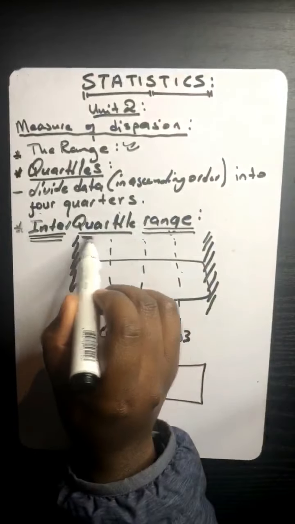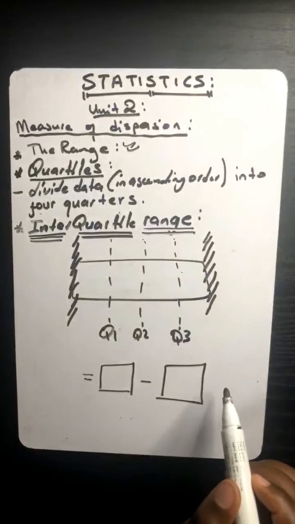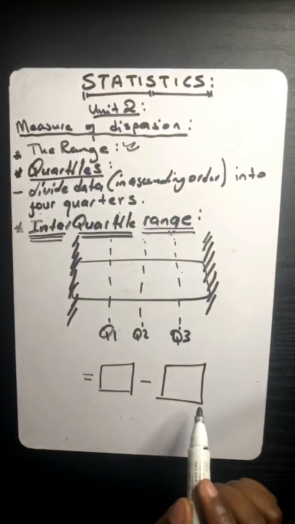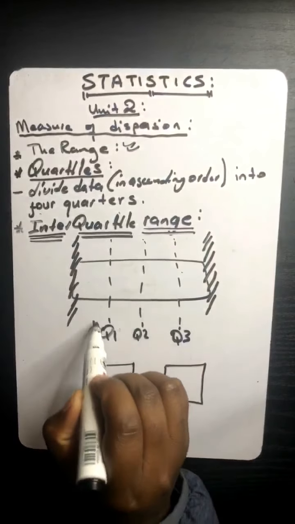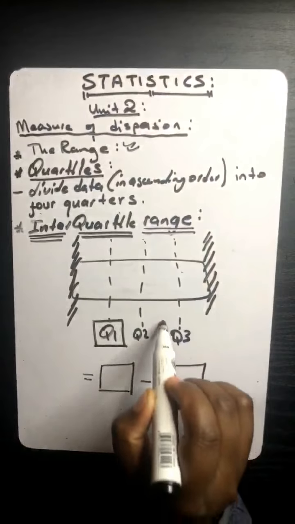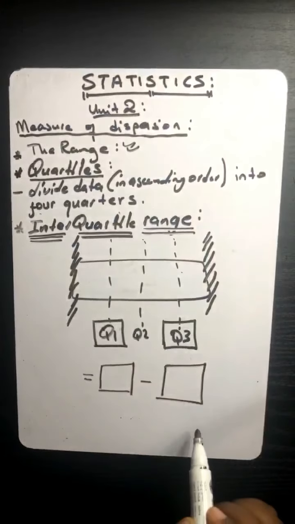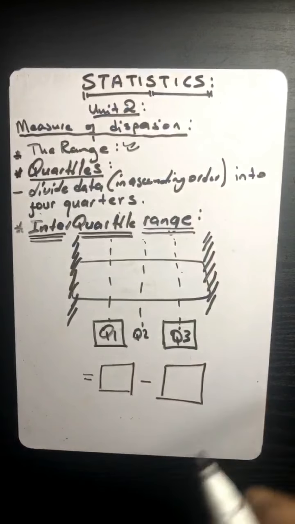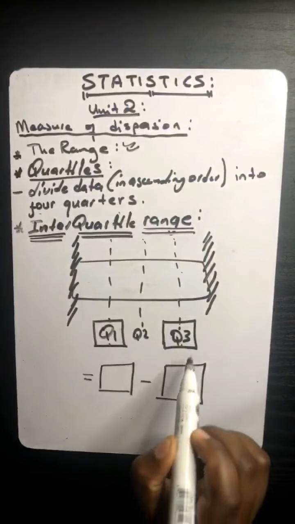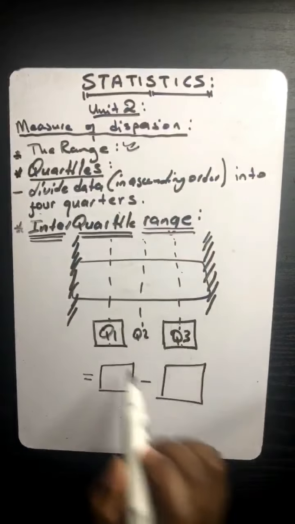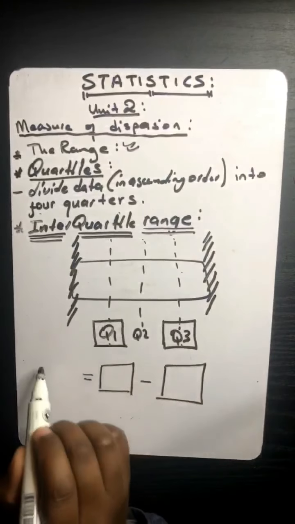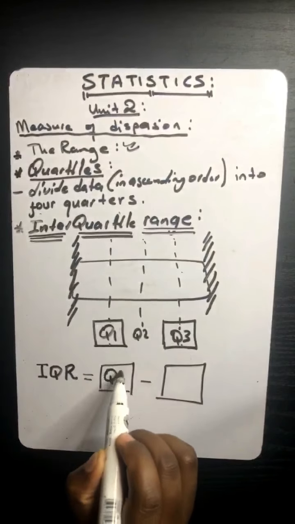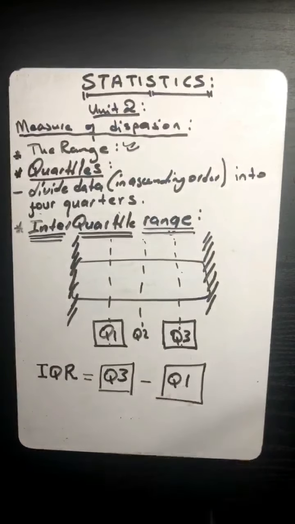And quartile serves as a guide to say use the quartiles. So I need to take the lower quartile and the upper quartile. But remember, the range says the bigger number minus the smaller number. Between these two, obviously this one is the bigger value and this is the smaller value, which means the interquartile range formula is actually Q3 minus Q1.